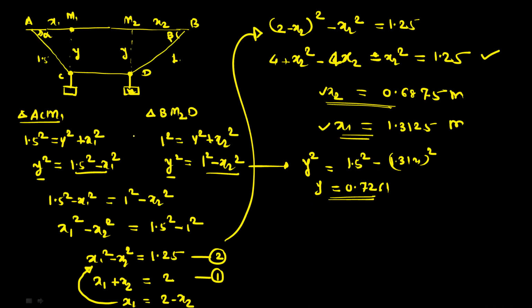So now refer to the free body diagram. At point C, this is the weight W1, equal to 1500 Newton.